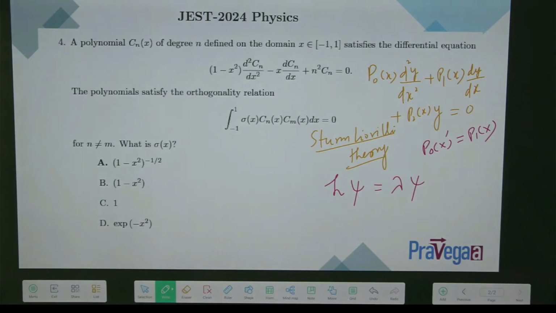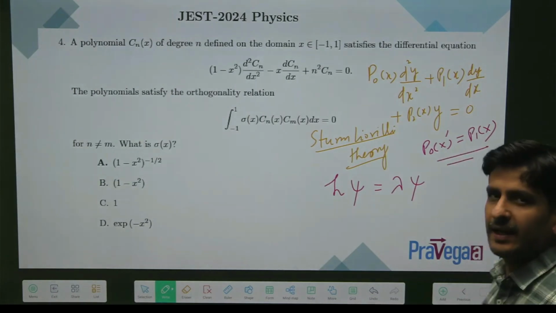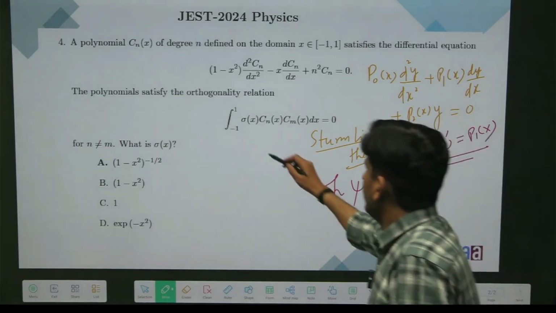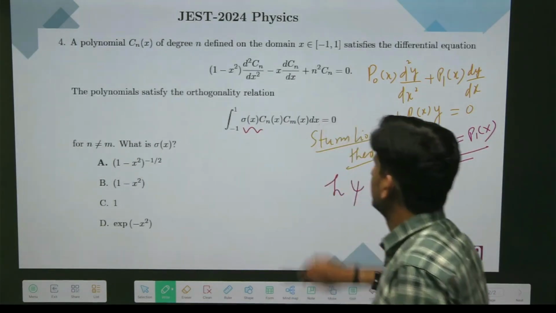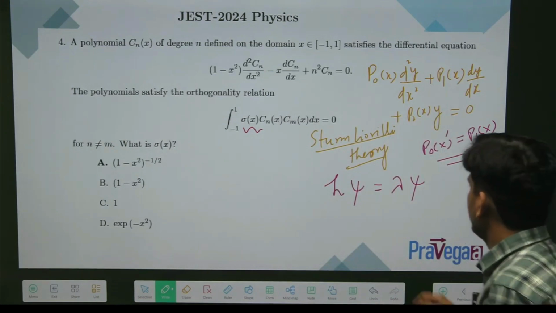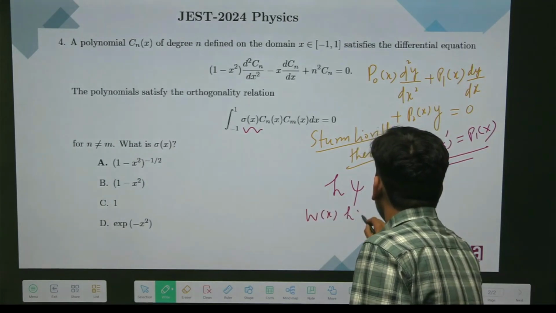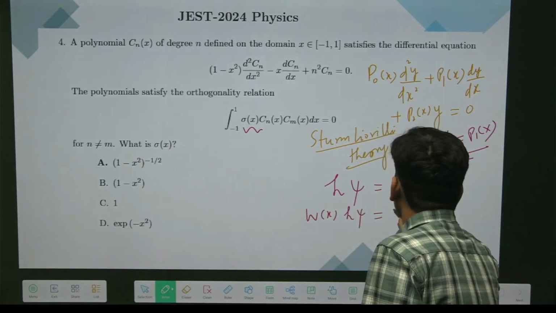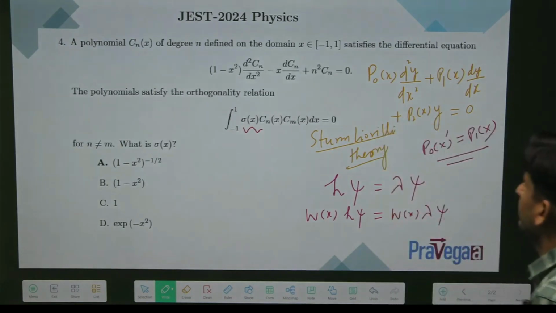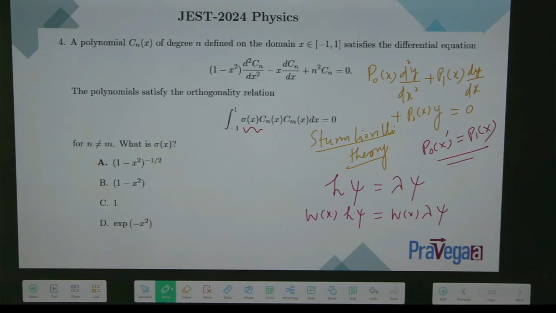Now the problem is, if this is not the case, then I can calculate a weight function, which can later be seen in the orthogonality relation. If I multiply by w, L psi will become w lambda psi, and after multiplying this, our equation will become self-adjoint.